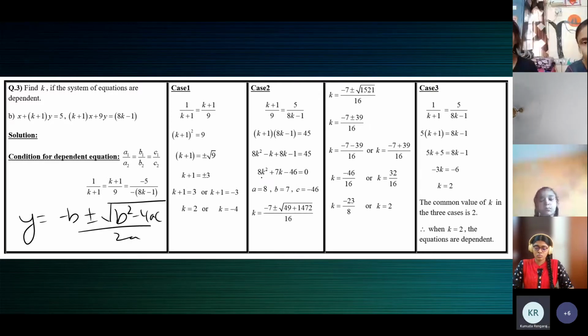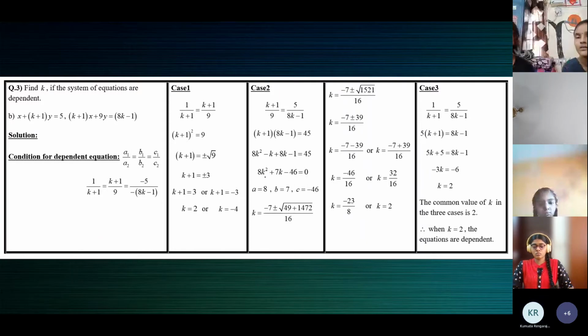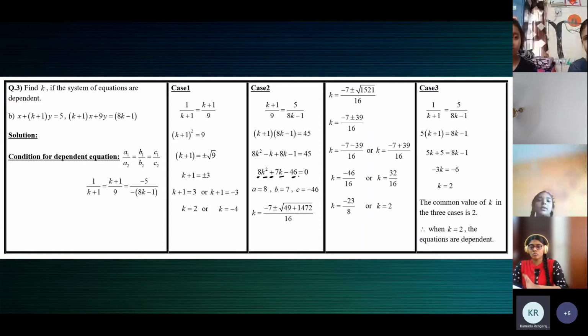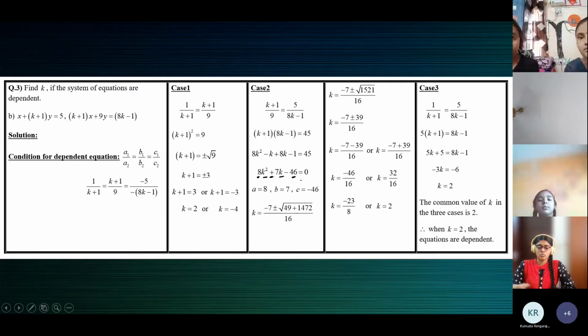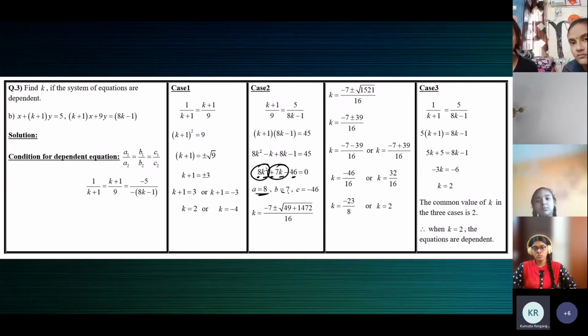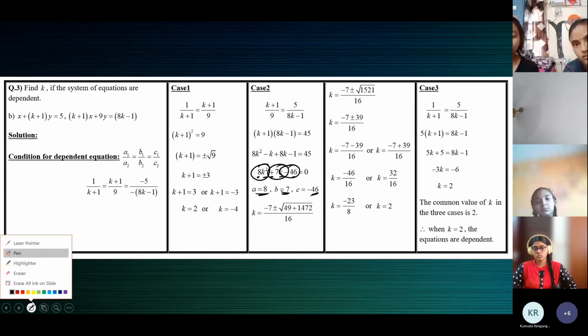So here the variable is k. So k is equal to, now how do you get the values of a, b and c? Coefficients. The coefficient of k square is a, k is b, and the constant is c. In 8k squared plus 7k minus 46, 8 is a, 7 is b, and minus 46 is c.